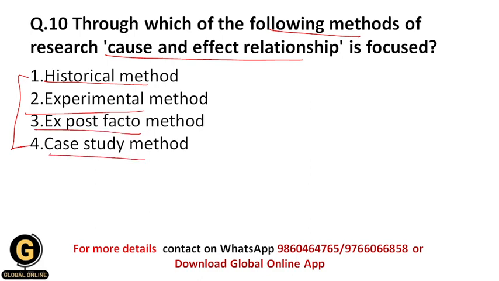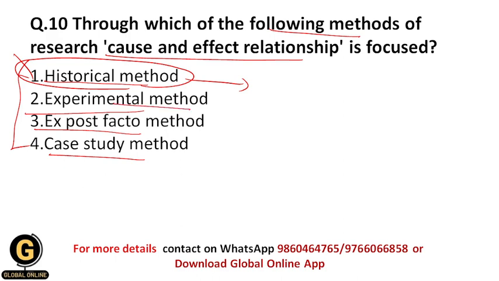So now students, all of you understood that in the historical method, basically we are going to study the past events and predict our future and present based upon the past events. And here there is no kind of cause and effect relationship that we are going to study. Okay, that's why this option is eliminated.